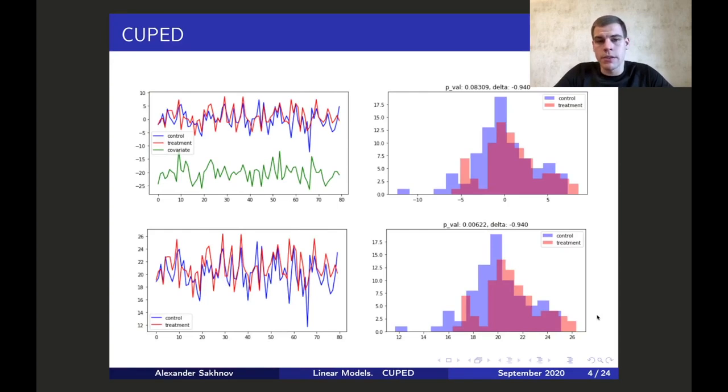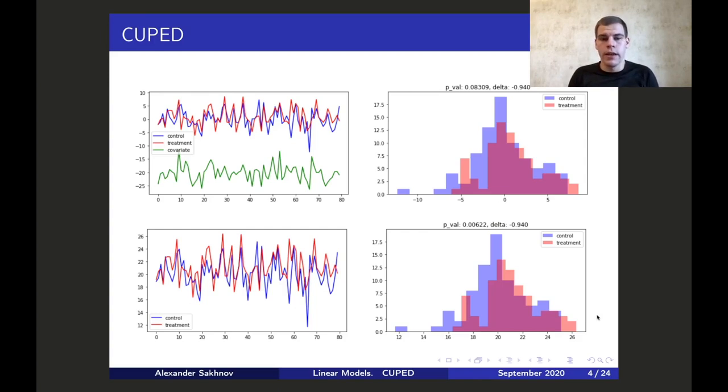For example, as usual, we run an A/B test and we have two groups. Control is represented as the blue line and treatment as the red line. So as usual, we can compare them on average.